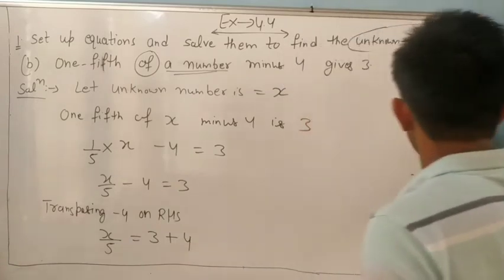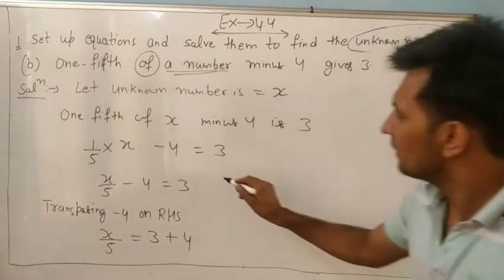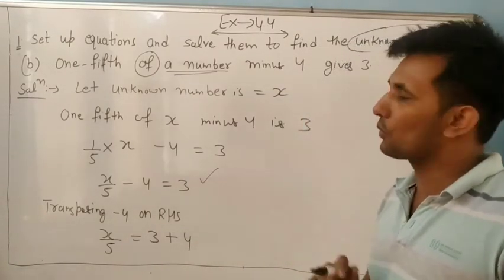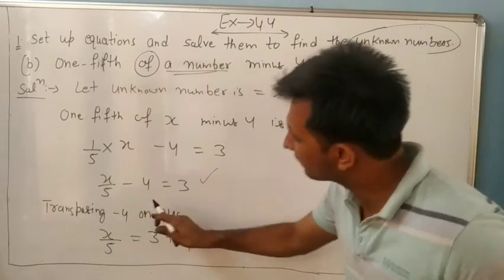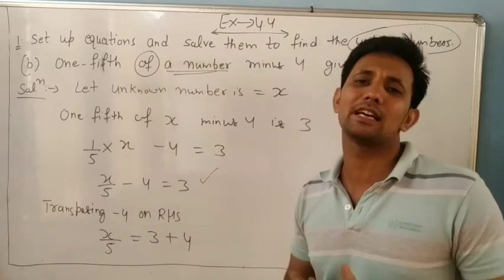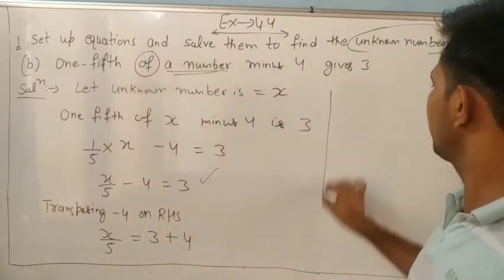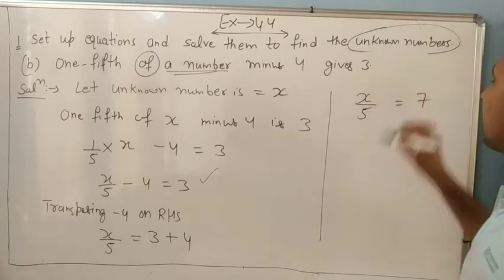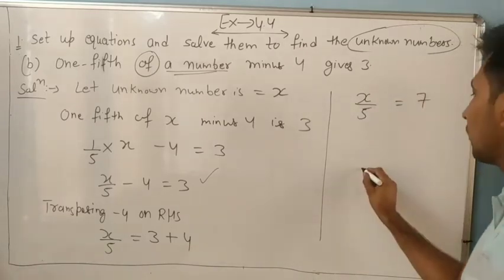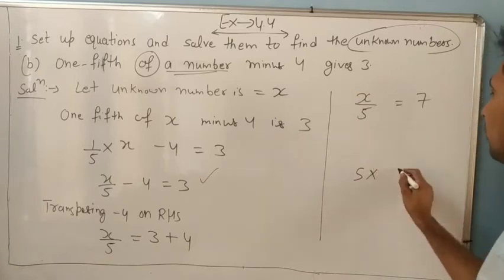Okay dear? Now look, in this exercise 4.4 you first have to make the equation, and after making the equation it is same as exercise 4.3. Okay dear? x upon 5 equal to 7. Now what remains? 5. How can we remove 5?